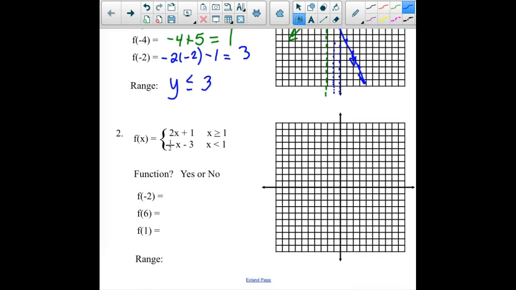All right. What shapes will we have on the second one? Still lines? Okay. We will move on to something other than lines very soon. Where's the break going to happen? At 1. We have a break here. So let's draw a little dotted line in there at 1.